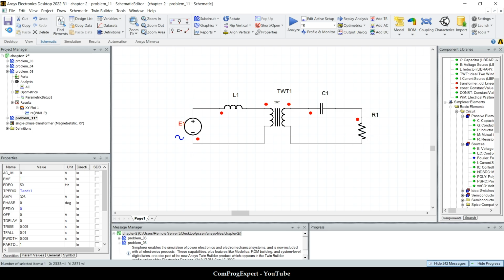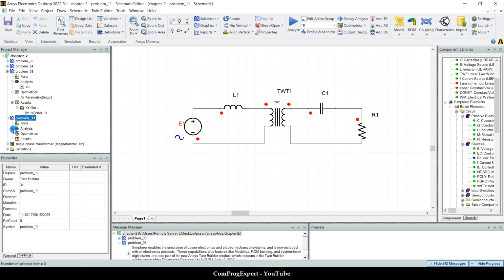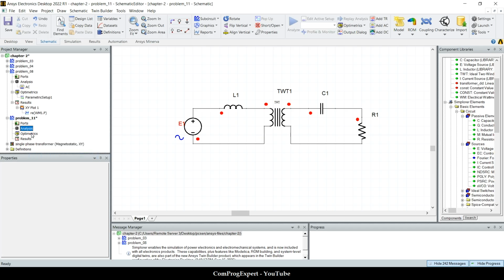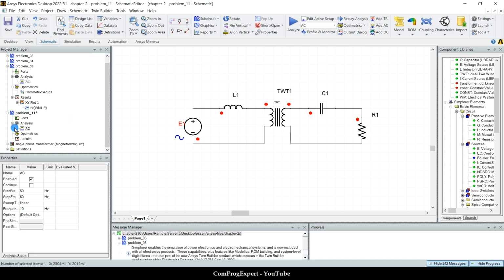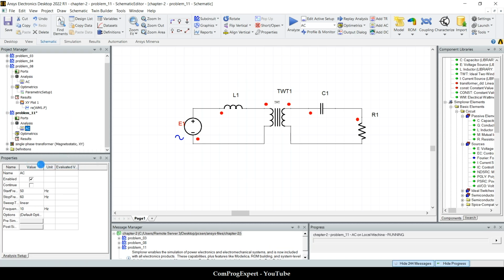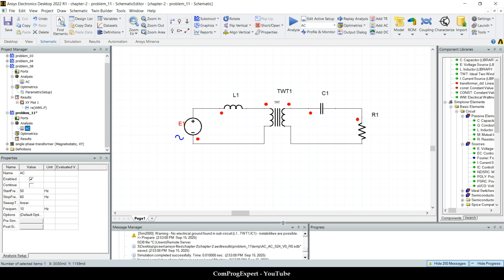So again, let's add this AC solver, 50 and 60. I'm going to solve only for these two frequencies. We can analyze the circuit to check the components.